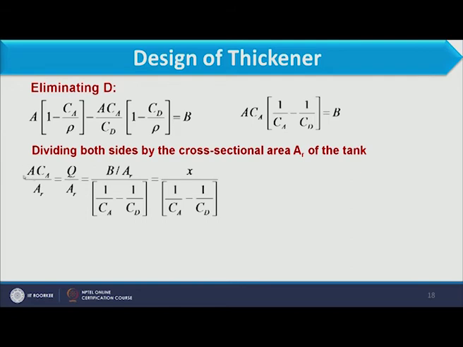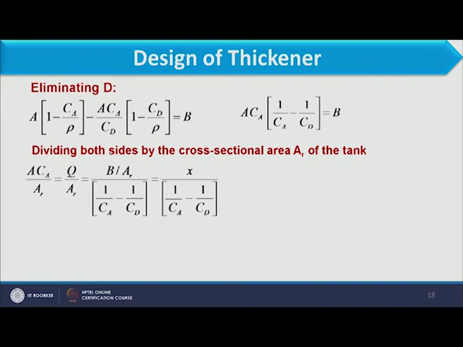Because A is volumetric flow in meter cube per second, and Ca is kg of solid per meter cube of slurry, so the multiplication is kg per second. So Q, the mass flow rate of the feed divided by AR, equal to B by AR divided by (1 by Ca minus 1 by Cd).